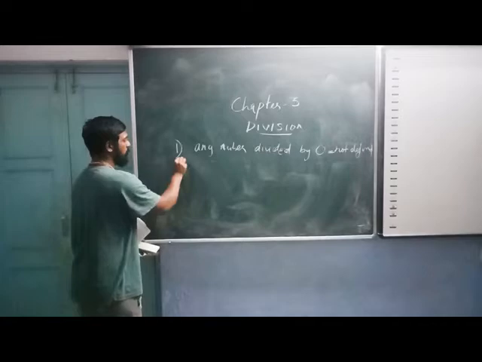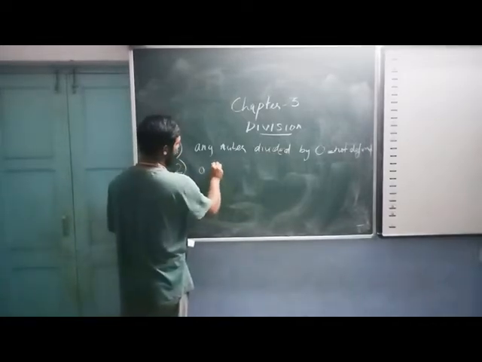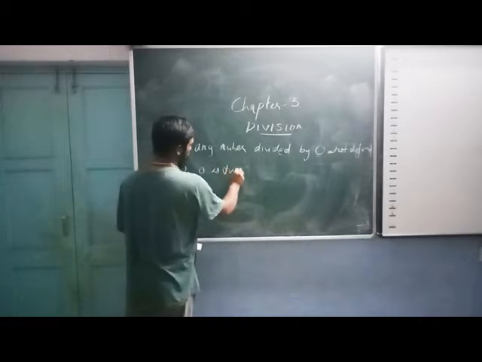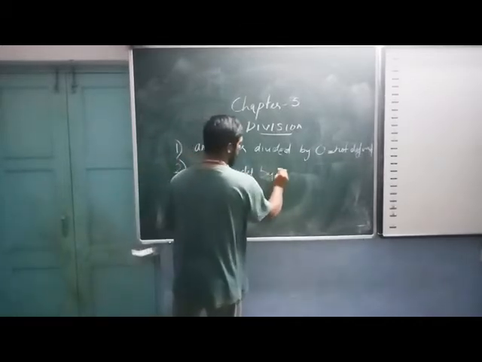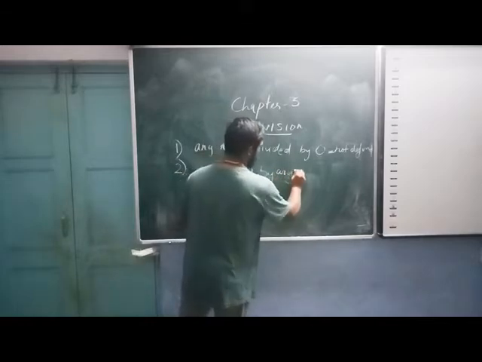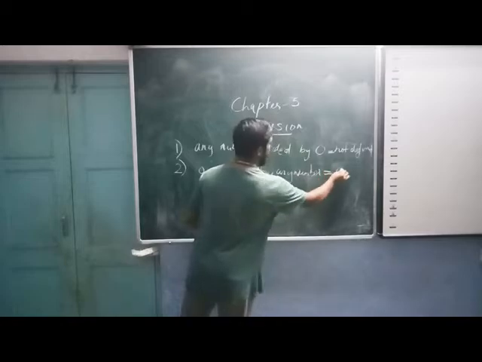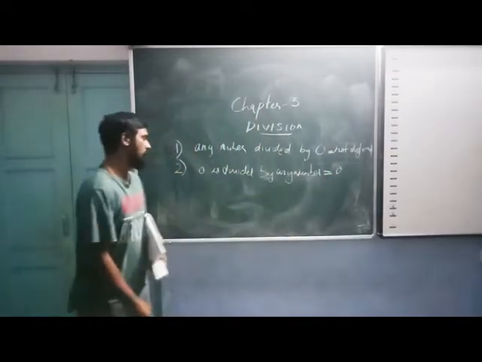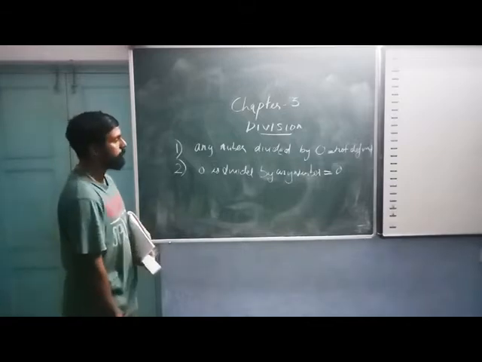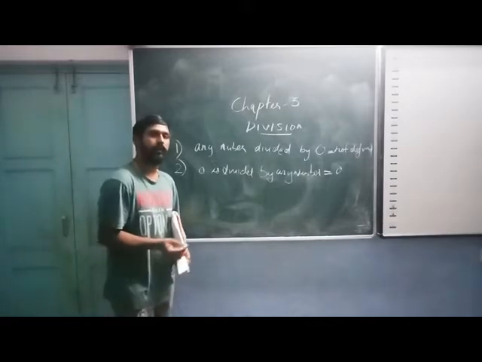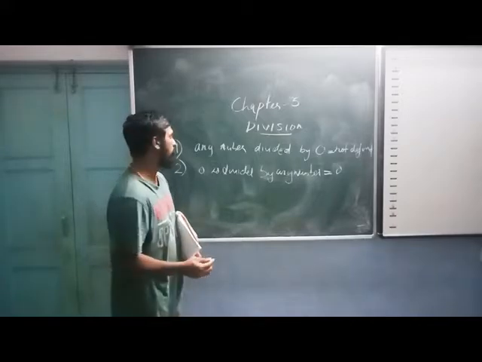But we can do what? If 0 is divided by any number, the answer will be 0. So, the first rule says that if you divide any number by 0, it is not defined, or we don't have an answer for it.